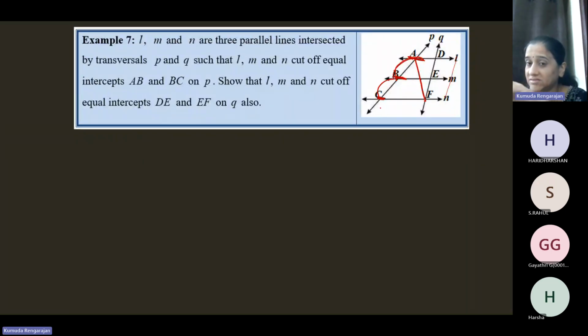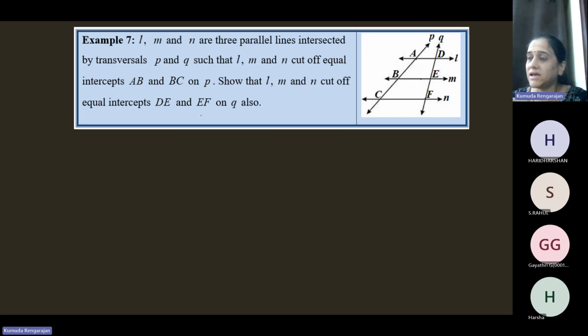You need to prove that the intercepts DE and EF on the transversal Q are also equal.